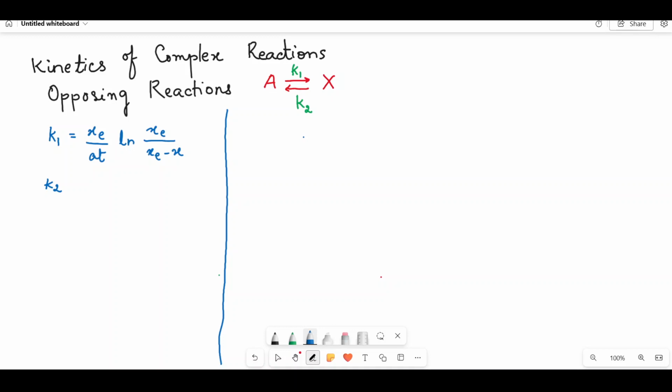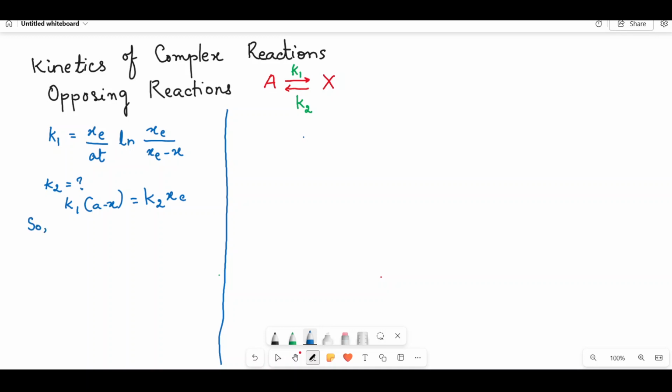Now, from this equilibrium, reactant A going to product X with K1 and K2 at equilibrium, we have the equation K1 (A minus Xe) is equal to K2 Xe.